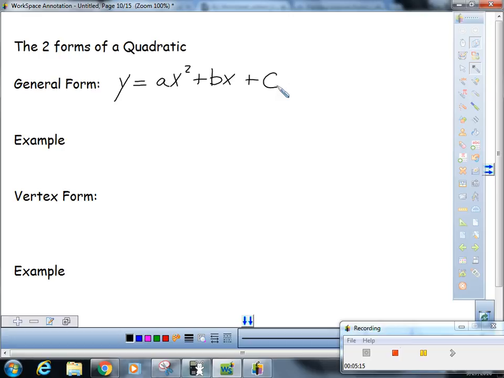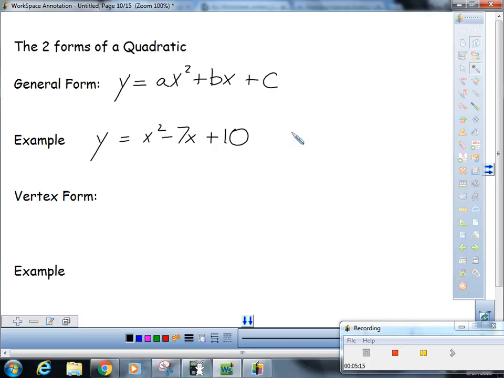So, for example, y equals x squared minus 7x plus 10 would be the equation in general form for a quadratic, okay?